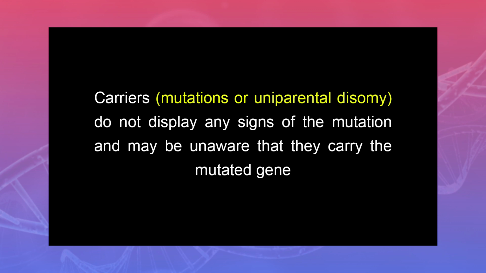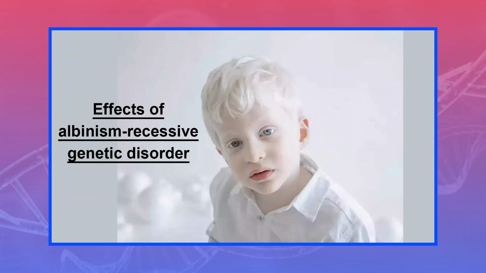These carriers do not display any sign of the mutation and may be unaware that they carry the mutated gene. Since relatives share a higher proportion of their genes than do unrelated people, it is more likely that related parents will both be carriers of the same recessive allele, and therefore their children are at a higher risk of inheriting an autosomal recessive genetic disorder.